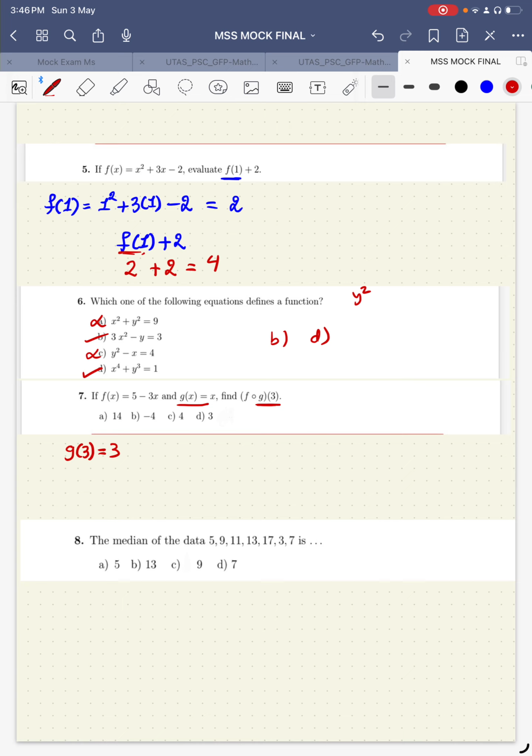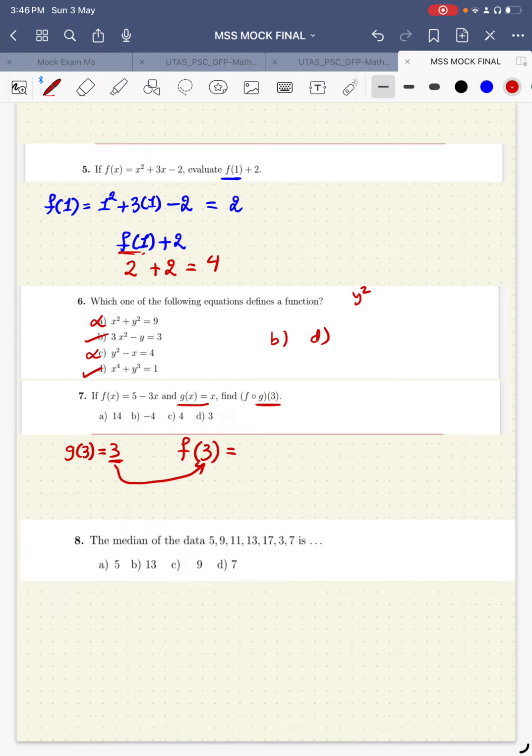I'm now going to calculate my outside function. So f of 3. Why didn't I write g of 3? Because I already calculated g of 3, so its value goes here. It's like substituting the value of g of 3, which is 3, in that notation.